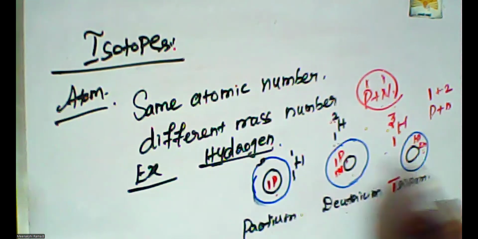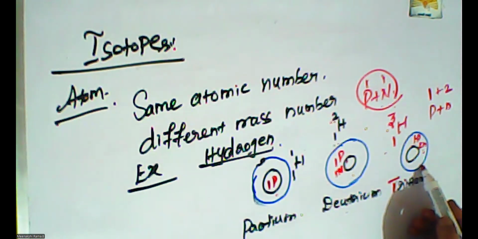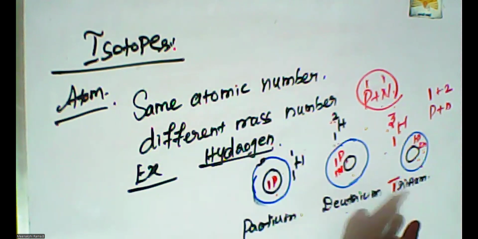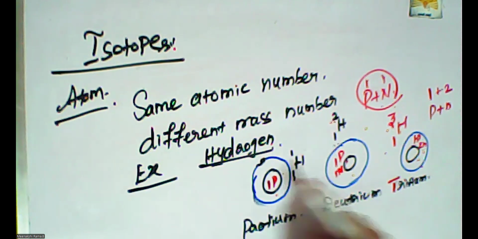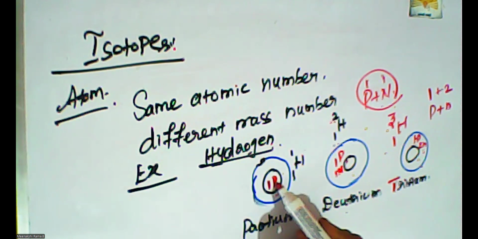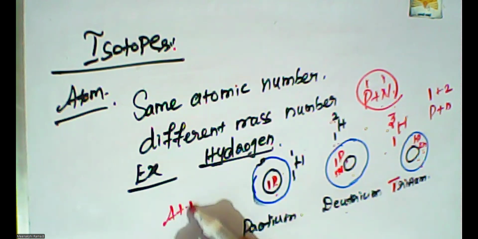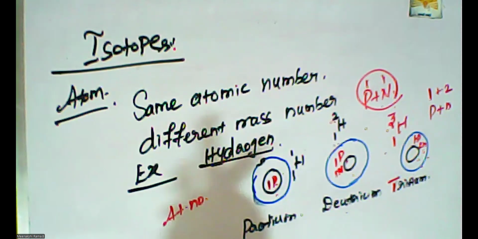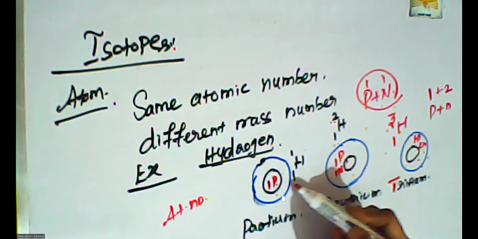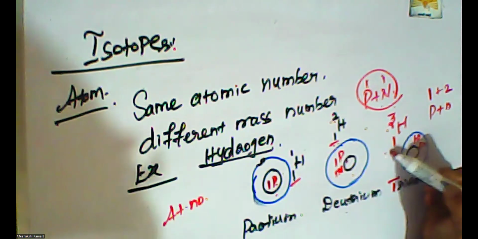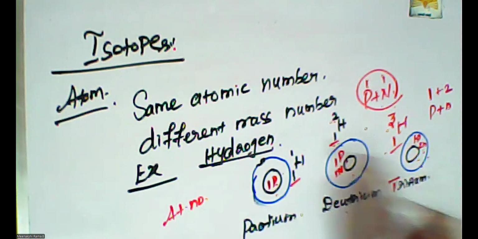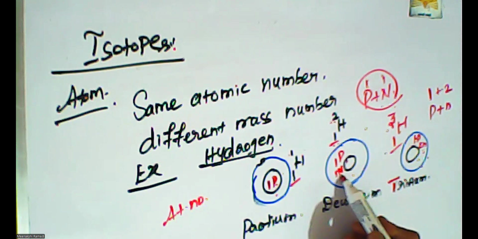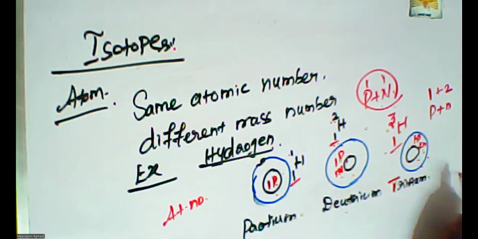The proton number denotes the atomic number. So these 3 isotopes have the same number of protons. There is no change in this. Students should understand that the proton number alone denotes the atomic number. These 3 hydrogen isotopes contain only 1 proton, so the atomic numbers are the same. The mass number differs because the neutron number changes in these 3 isotopes.